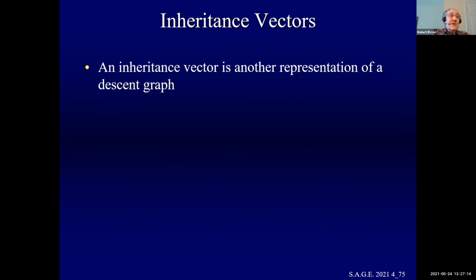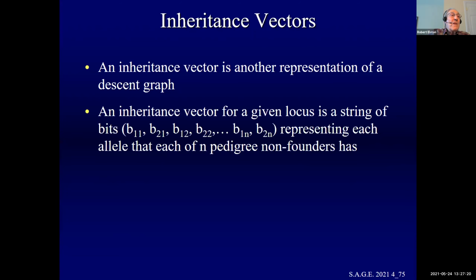But instead of looking at the descent graph, we just have an inheritance vector. An inheritance vector for a given locus is a string of bits that represent each allele that each of n pedigree non-founders had. So there are n pedigree non-founders, and therefore there are 2n bits.